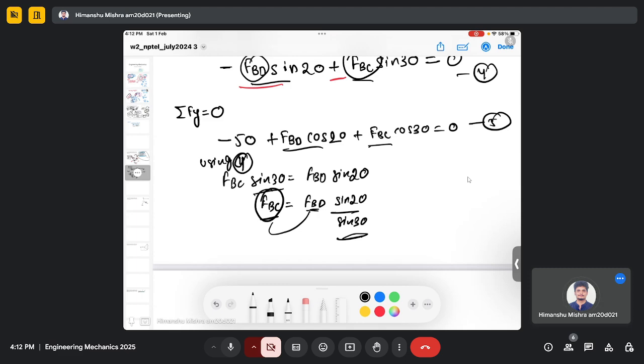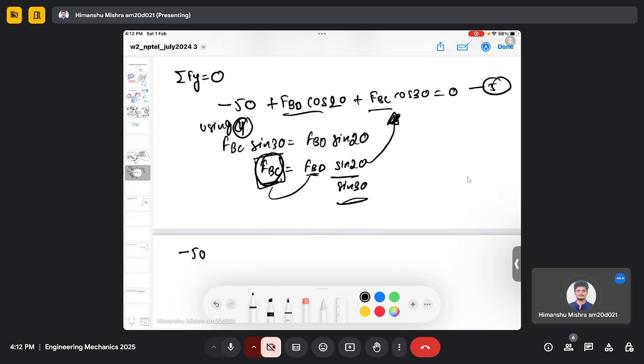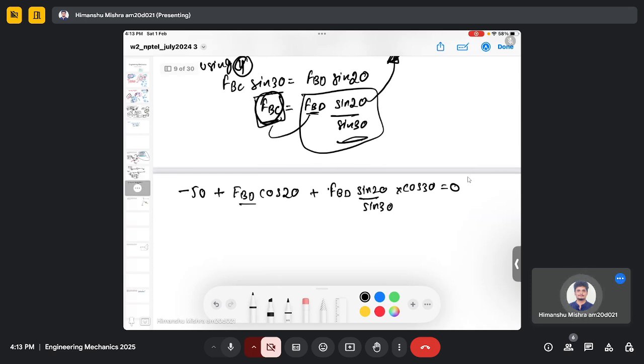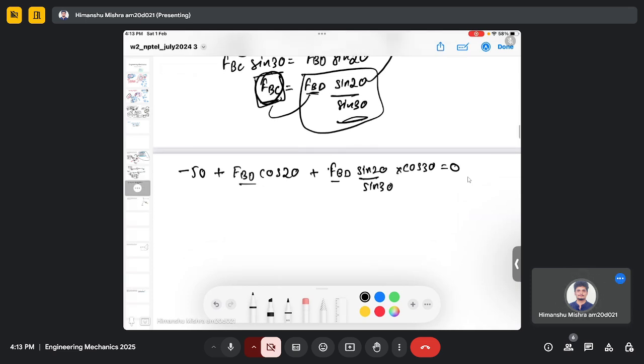I choose to write FBC on the left-hand side. Then I substitute this expression of FBC in equation 2: minus 50 plus FBD cos 20 plus, and here I replace FBC by this expression, so it is FBD sine 20 divided by sine 30 multiplied by cos 30 equals 0. So now you can see you have only one unknown here, which you can easily find.